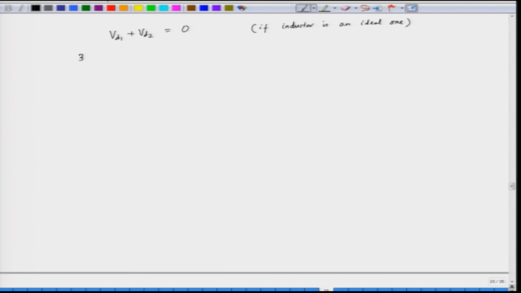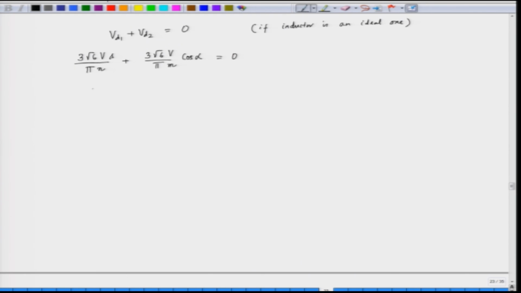So, we have 3 into root 6 V by pi into 3 V m by pi into S plus 3 into root 6 V by pi, this is by N, that is the turns ratio of the induction motor, by M, the turns ratio of the transformer, into cos alpha, that is equal to 0.